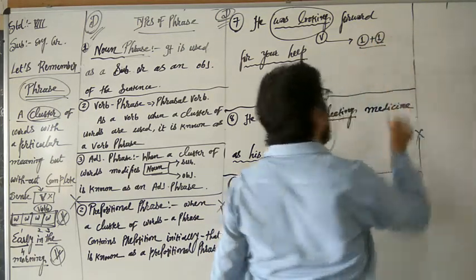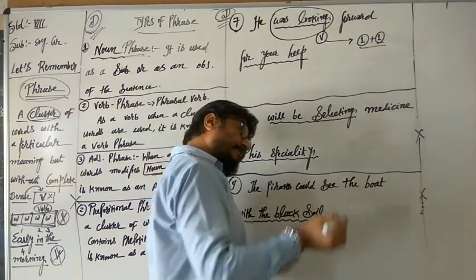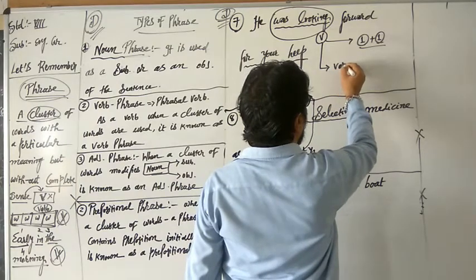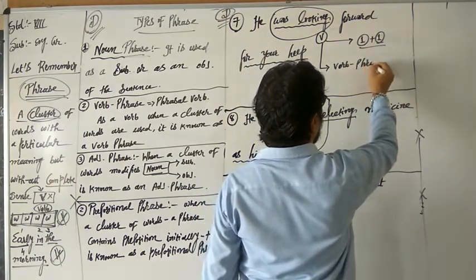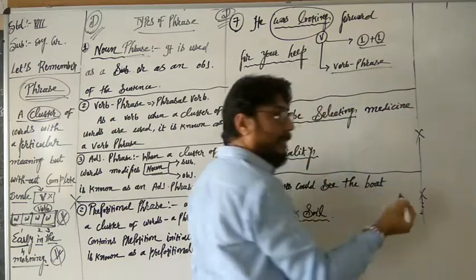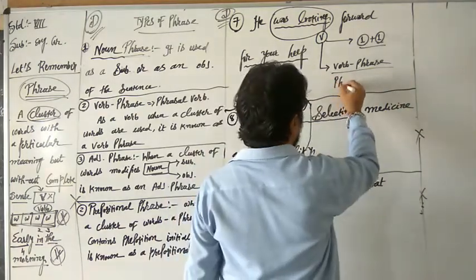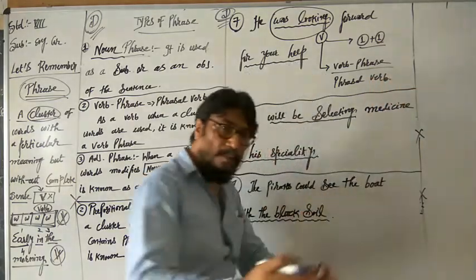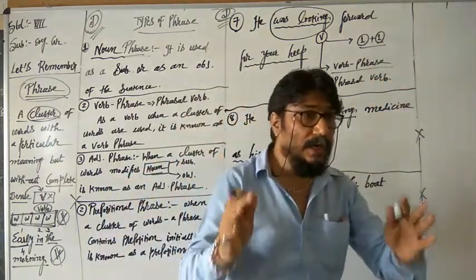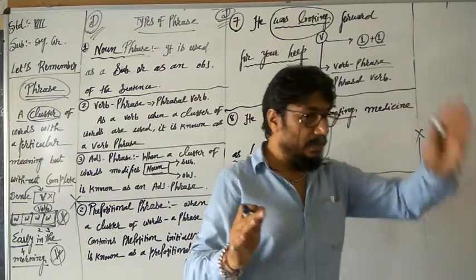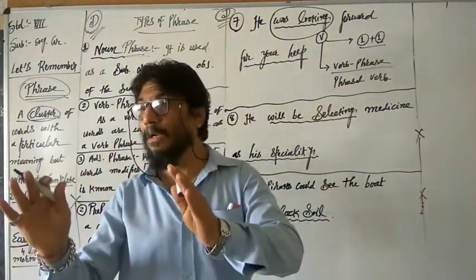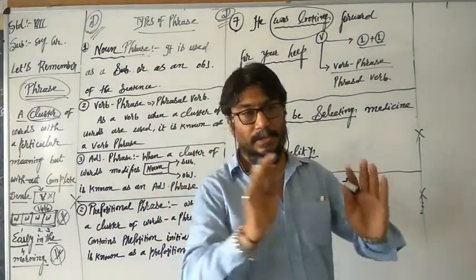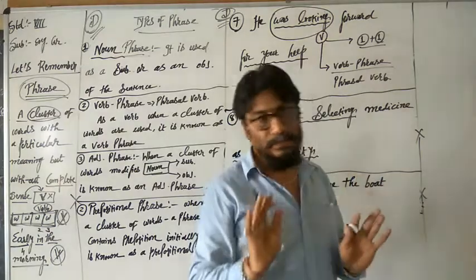It means a cluster of words is used here in place of a verb, so this is known as a verb phrase, or this is also known as a phrasal verb. Keep it in your mind that whenever we have more than one word in place of a verb, that is known as a verb phrase or phrasal verb.